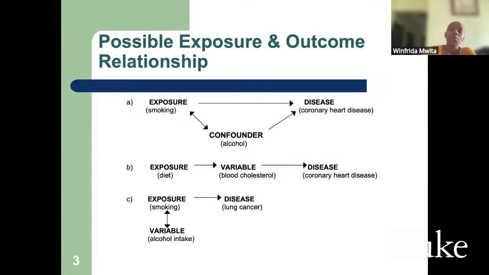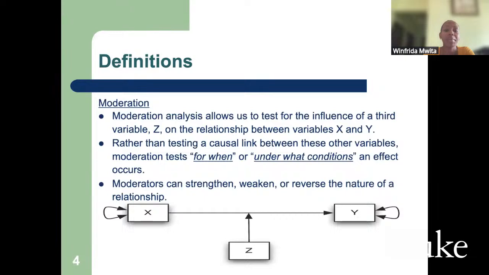So this concept brings us to the concept of moderation. When we talk about moderation, we are referring to a third variable that is trying to explain for who or for what the effect that we are seeing between our independent and dependent variable is happening.